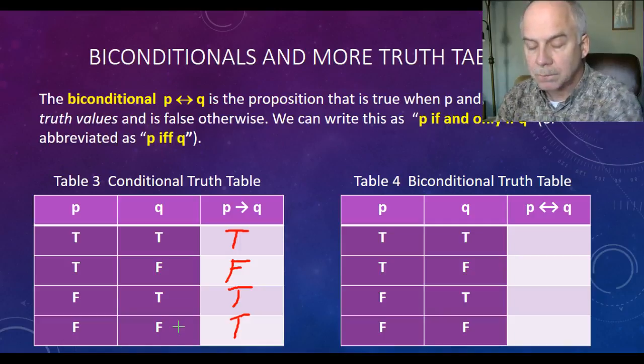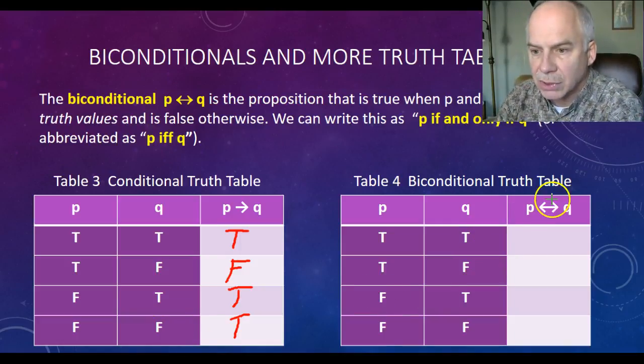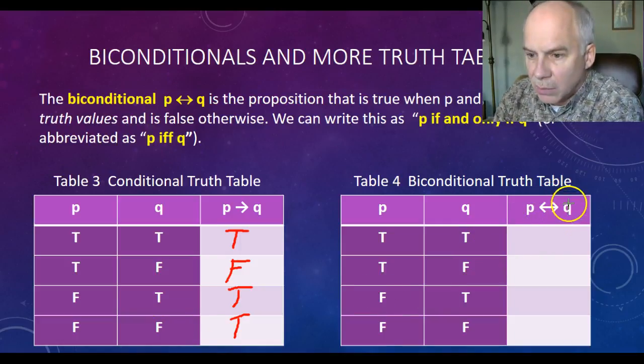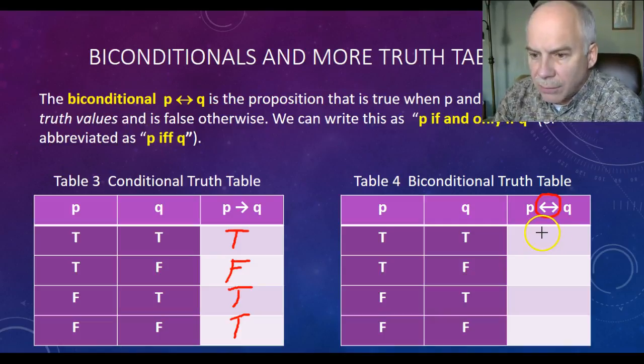Now, in the case of a biconditional truth table, where we have this symbol with the double arrows, which means both ways. It goes both ways. If they're both true, then that's going to be true. Or if they're both false, it's going to be true.